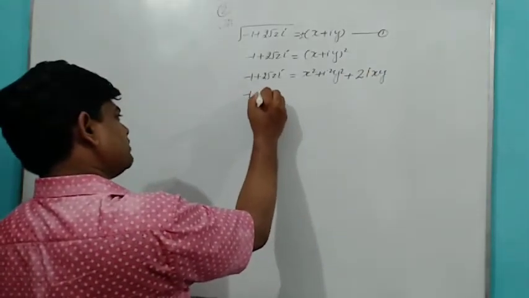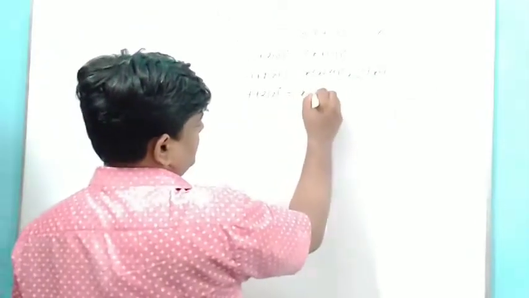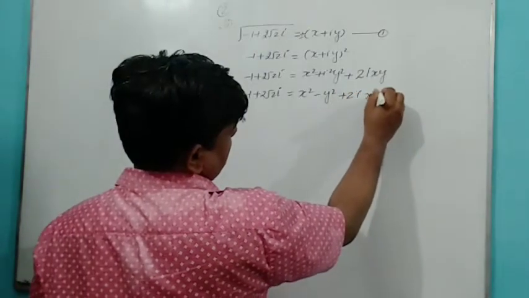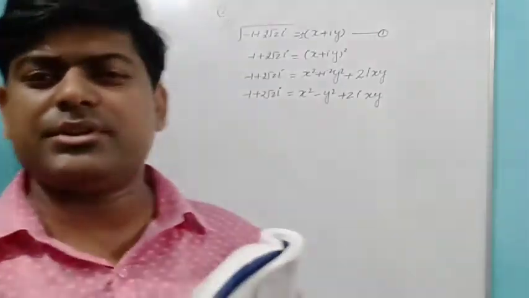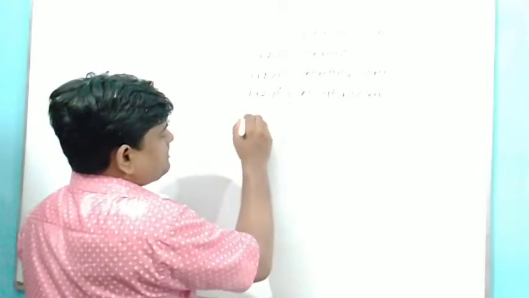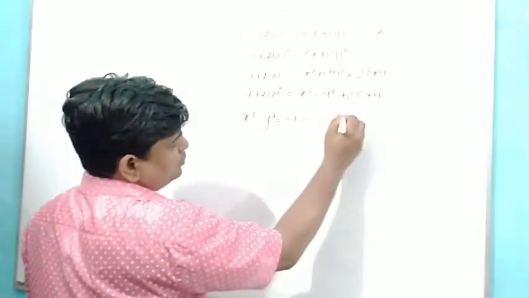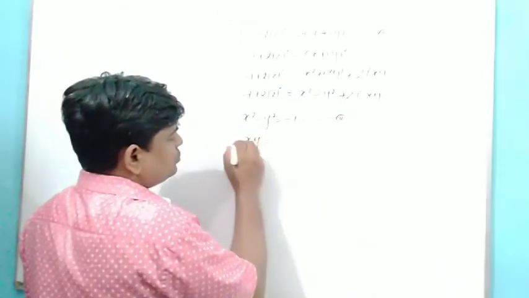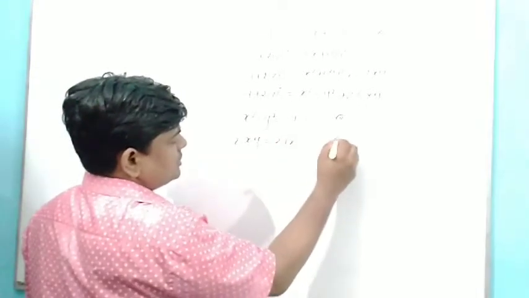So minus 1 plus 2 root 2i is x square minus y square and 2i xy. As I told you, we will compare the real and imaginary parts of the complex number. When I compare, I will get x square minus y square is equal to minus 1. This is equation number 2. And 2xy is equal to 2 root 2. This is equation number 3.